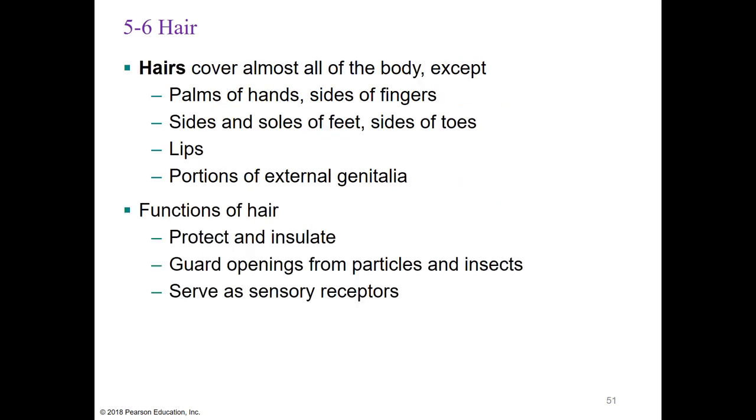Hair covers almost all of the body except for your palms, sides of your fingers, sides and soles of your feet, sides of toes, lips, and portions of your external genitalia. Functions of the hair are to protect and insulate, guard openings from particles and also insects, and they can help with sensory reception.